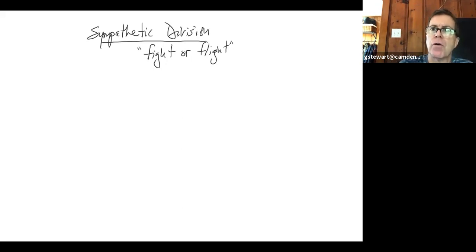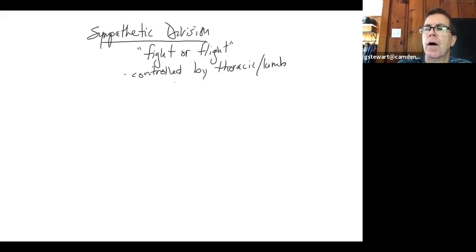So this is controlled by the thoracic and upper lumbar regions of the spinal cord. So here's a brain, brainstem, spinal cord. These fibers emanate in the middle region of the spinal cord.